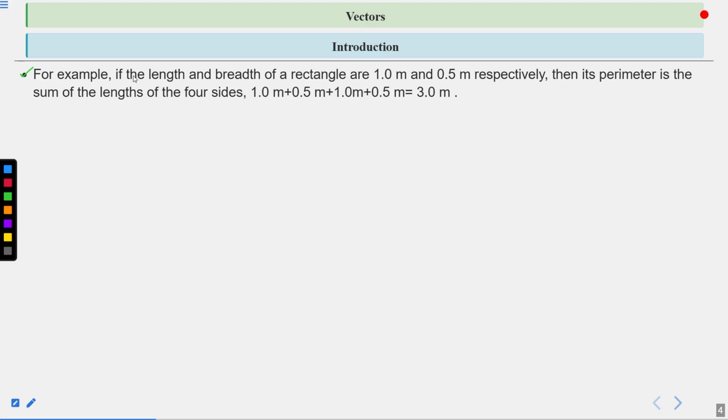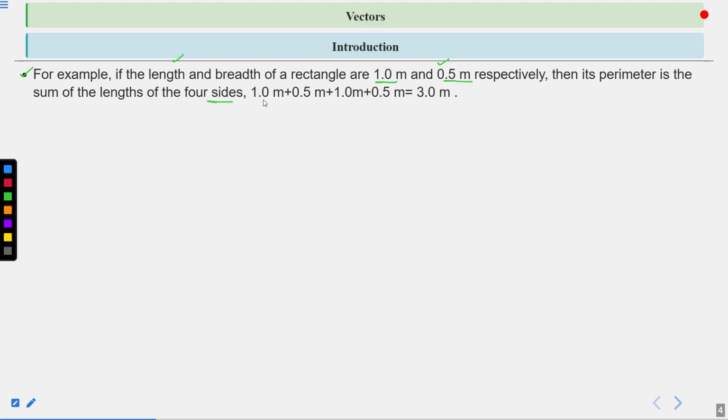For example, if the length and breadth of a rectangle are 1.0 meter and 0.5 meter, clear? Then its perimeter is the sum of the lengths of four sides.